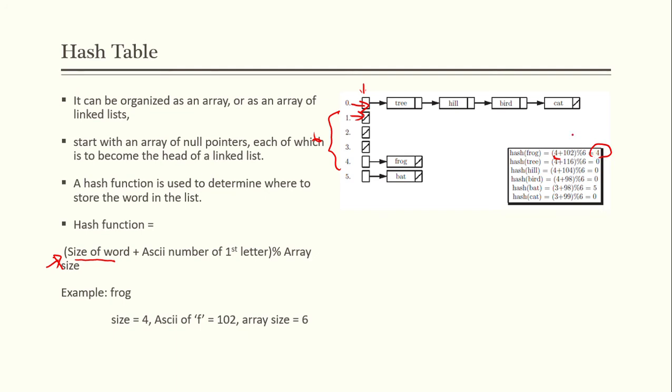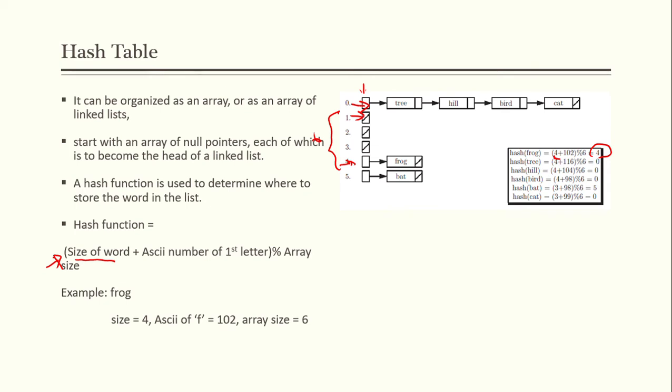So frog will be placed in location 4 here. The rest will be based on the remainder they get. For example, tree, hill, bird, and cat all have remainder 0, so they are put in the linked list of location 0. That is a hash table.